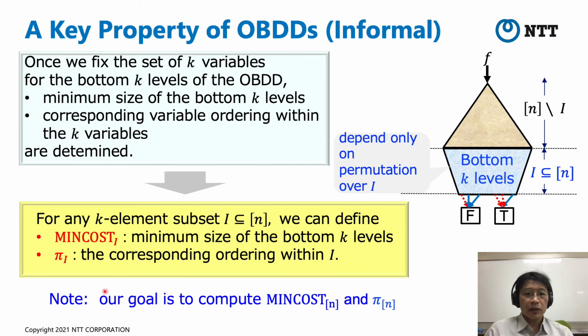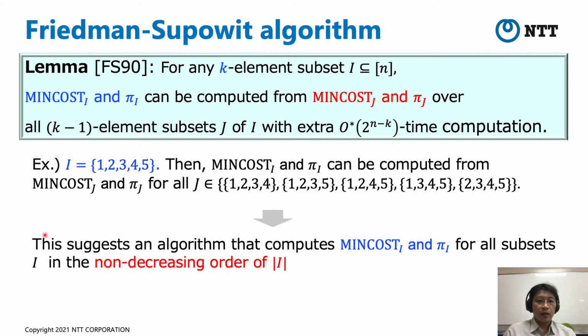So our goal is to compute min cost and pi for the entire set. Based on the property, Friedman and Supowit prove the following lemma. The lemma says that for any k-element subset I, min cost I and pi I can be computed from min cost J and pi J over all k-1 element subsets J of I with extra sum computation.